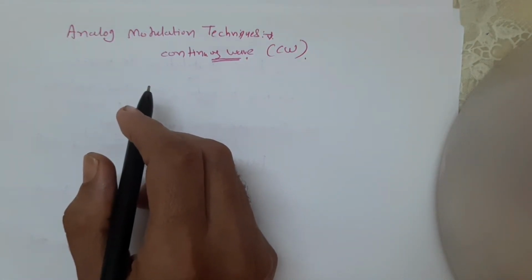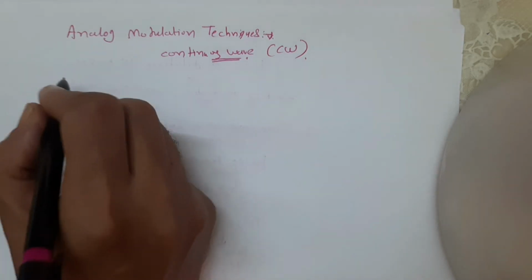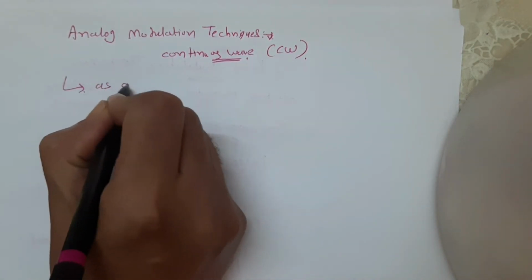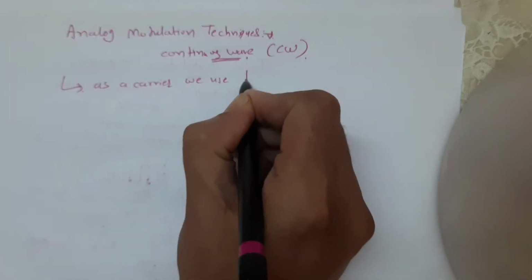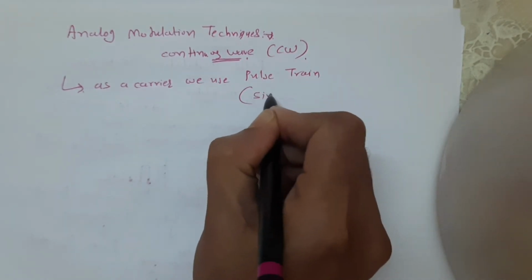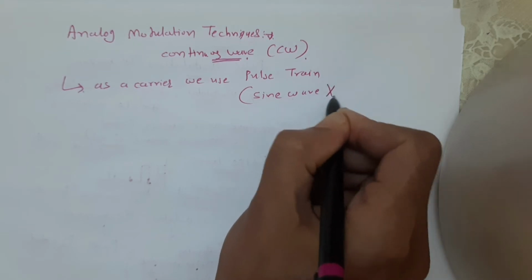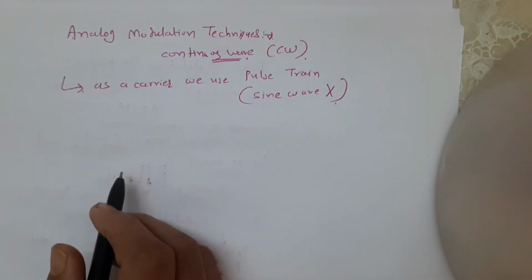Nothing prevents us from replacing the sine wave with another wave as the carrier. The most useful one that helps in advancing the communication field is the pulse train in place of the sine wave. So here, as a carrier, we use a pulse train instead of a sine wave.